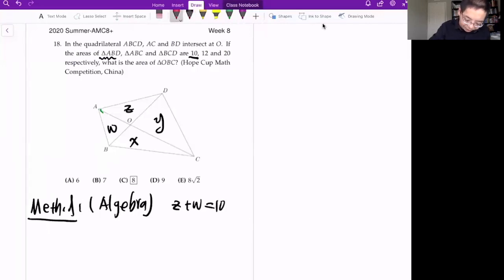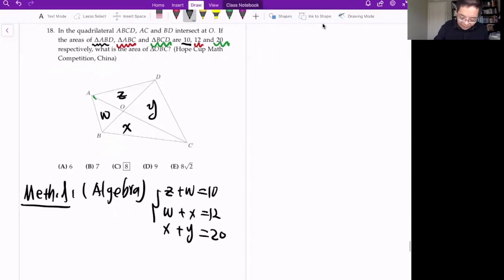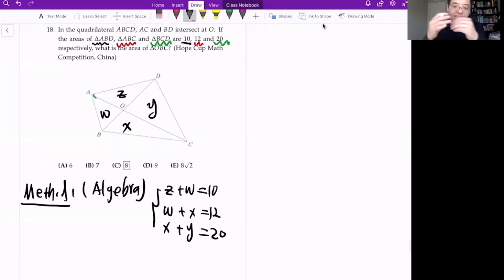Then ABC, the area is 12, so W plus X is 12. And then BCD, the area is 20, so X plus Y is 20. So we get these 3 equations for free.